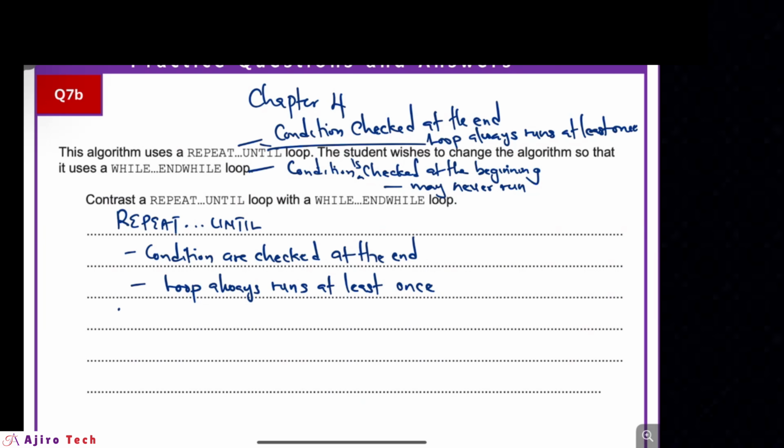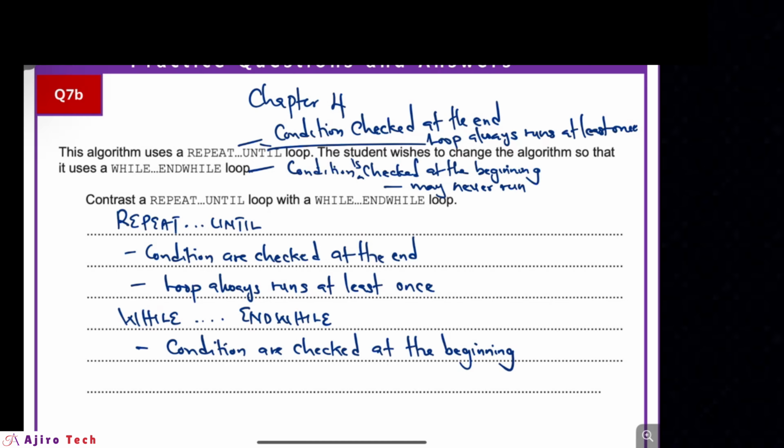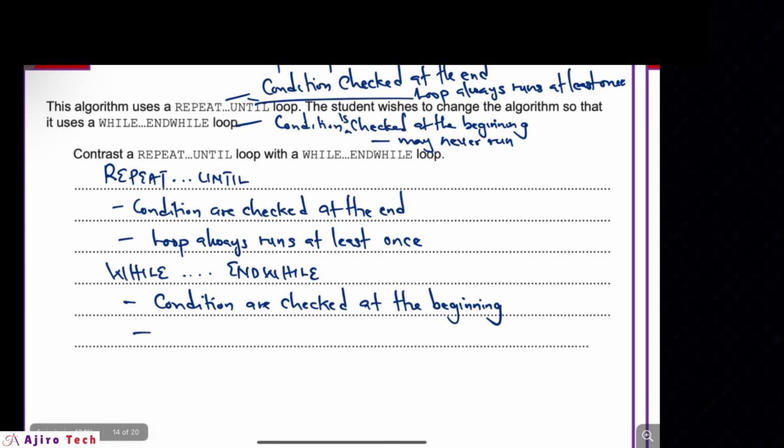And then we have the while, end while: conditions are checked at the beginning, and it may never run. Okay.